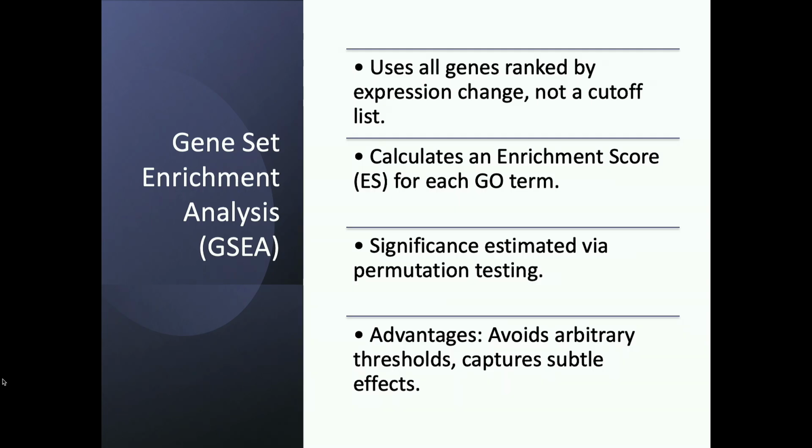The idea is that even the smallest change in gene expression, if it is part of a larger network, is significant. So you are not relying on the magnitude of change, and even the smallest change can be considered biologically significant.